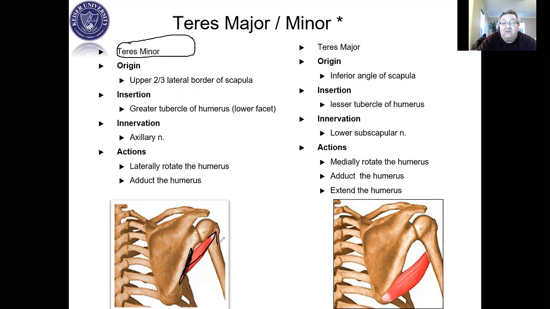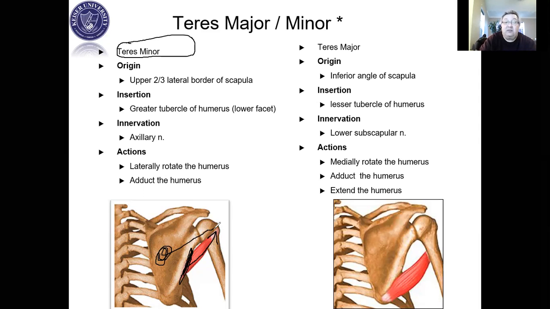Just like infraspinatus, remember, infraspinatus is coming from this area here and inserts here, same area. Teres minor and infraspinatus do the same action. It externally or laterally rotates the humerus. Teres minor has another function.